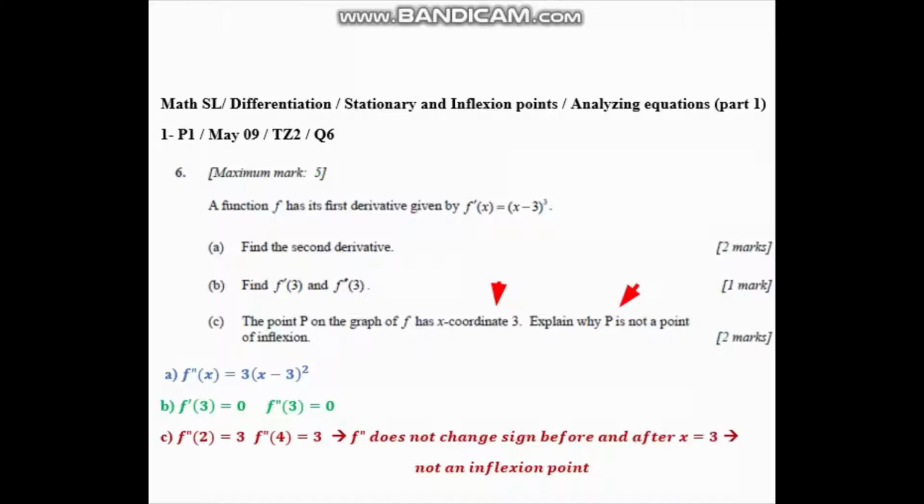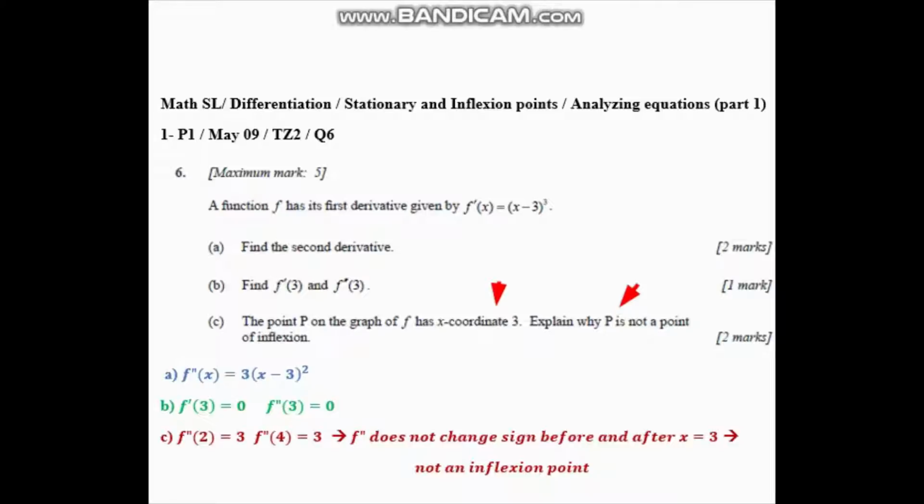But we are only certain that we have an inflection point if f double dash is negative before and positive after, or positive before and negative after. So in other words, f double dash has to equal 0 and has to change sign before and after 3. So this is not the case here.